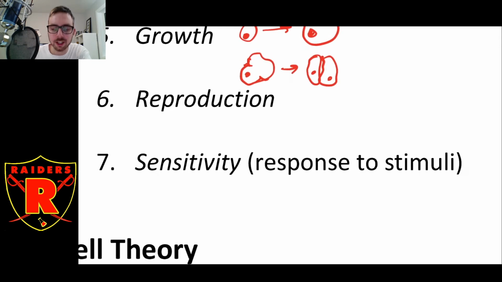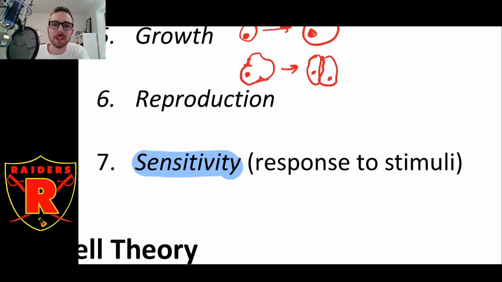And lastly, do they exhibit some type of sensitivity? Sensitivity just means can they respond to stimuli, and that's very general. Basically, if you poke it, does it move? For very complex animals like humans, we have all different types of response to stimuli. We can respond to heat and to cold, and we have emotional responses and all kinds of complex responses. But even single-celled organisms have some type of response to stimuli.